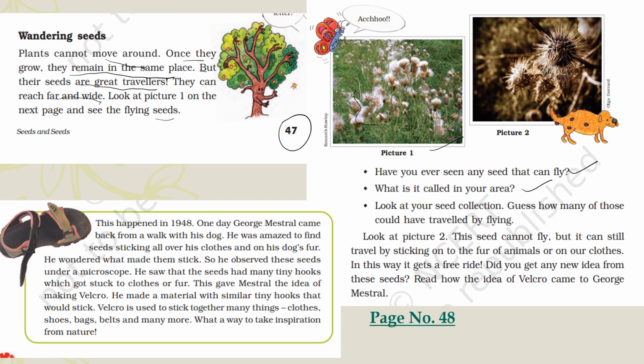So now there was an activity on the previous pages in which you have to collect as many seeds as you can, and now what you have to do with those collected seeds, you have to guess how many of them would have traveled by flying. By flying here means which can easily be blown by wind, जो विंड के साथ आराम से उड़ के आ सकती है, easily be blown by wind.